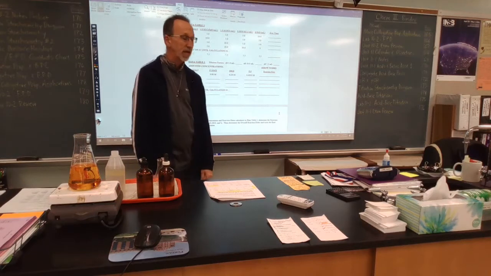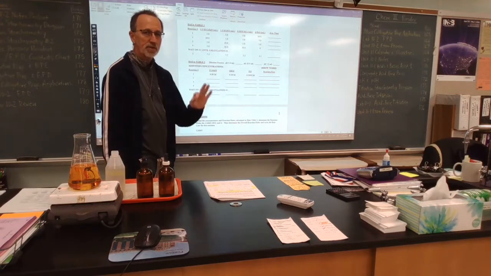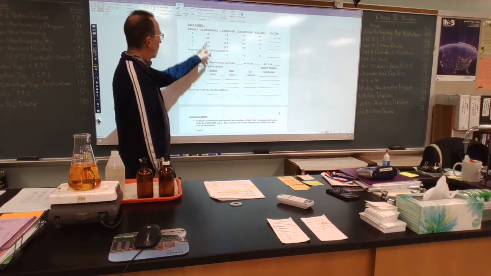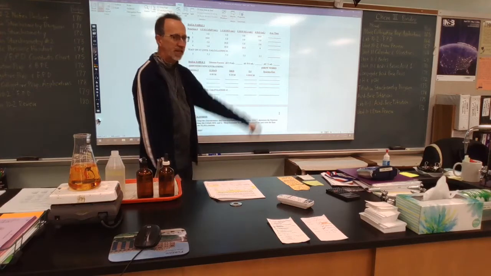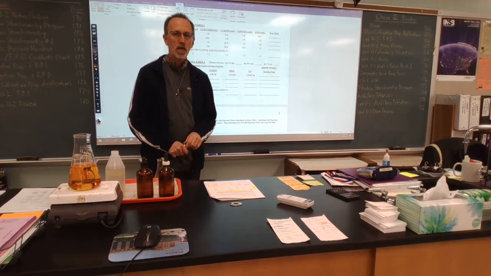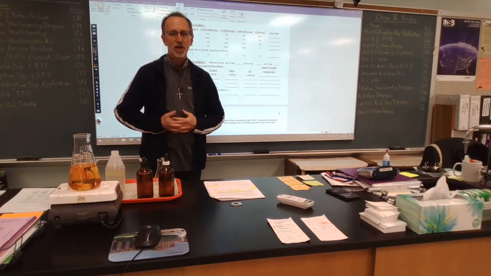Now let me explain. So here we have 5 and 15 mLs of our 3 reactants. Water makes 25 total. We have 10, 15, 20 mL of reactants, but we want the volume of the solution to be the same all through. Very important.